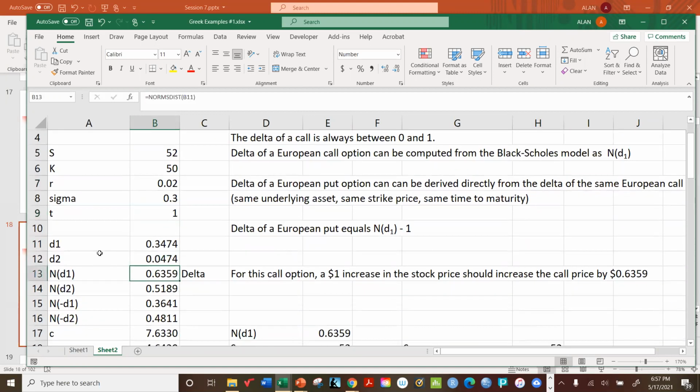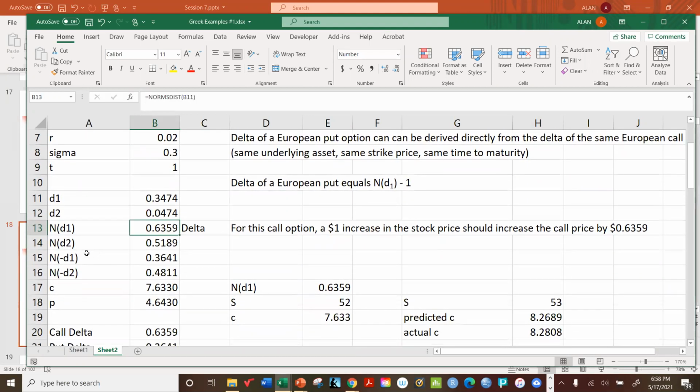And we calculated that N(d1) was 0.6359, and that turns out to be the delta. So therefore, for this particular option, if I raise the price of the stock by $1, the option price should go up by roughly 63.59 cents.